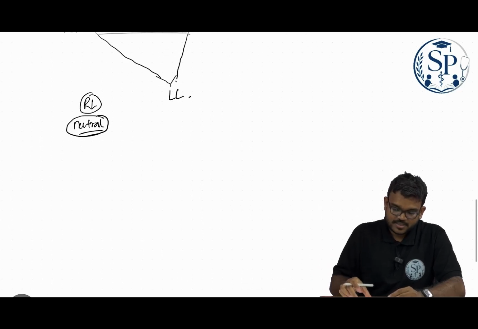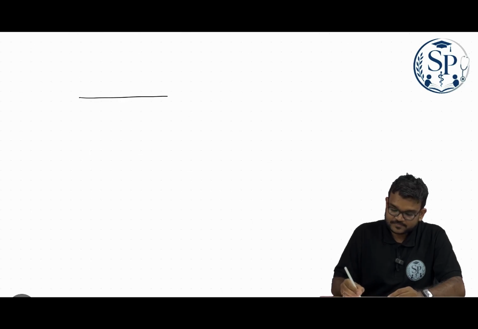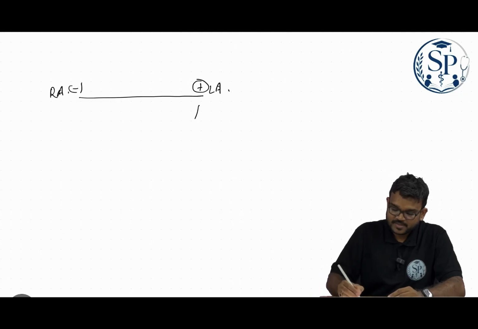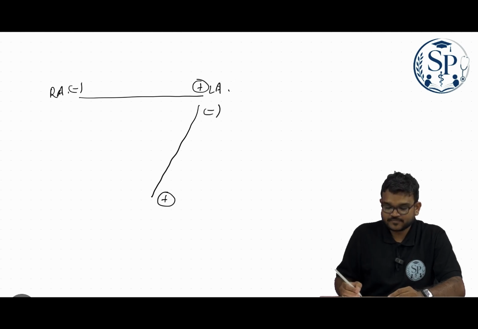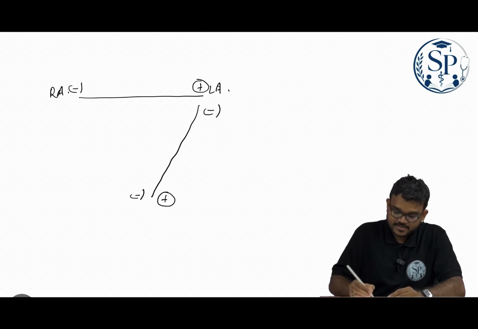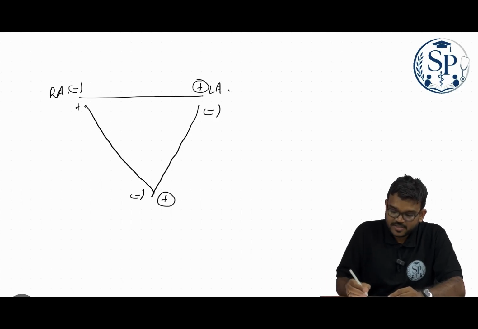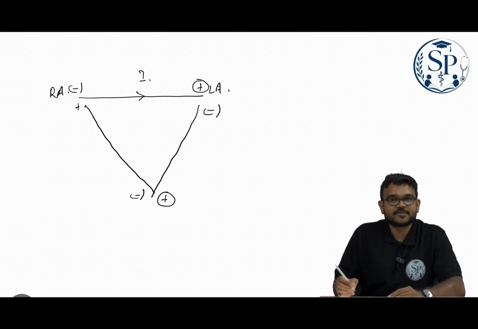So how he derived it: suppose this is the right arm, suppose this is the left arm, this is the negative end, this is the positive end. The current will flow in this direction from the right arm to the left arm, and he named it lead 1.